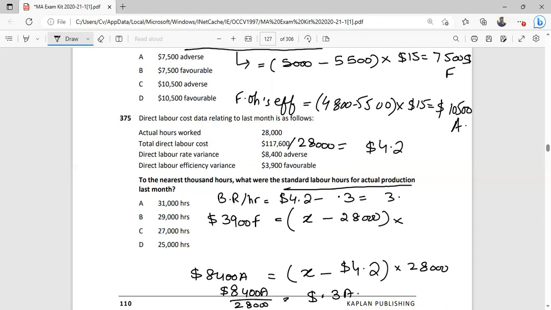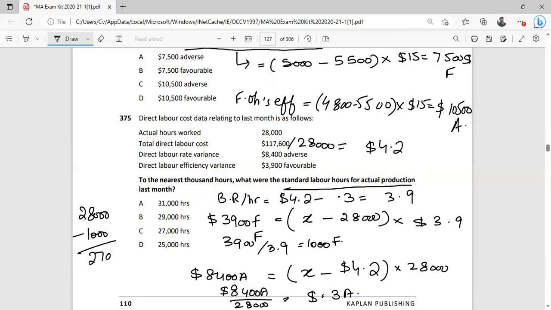Because we have adverse rate variance, our standard rate or budgeted rate was 3.9. Now you can divide 3,900 by 3.9. It is 1,000 favorable hours, which means our total standard hours were lower by 1,000 in comparison with actual. So 28,000 minus 1,000, we have total standard hours of 27,000. So C is the right answer.